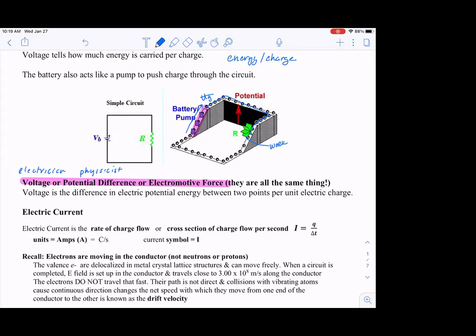And if you talk to an engineer, they're going to say electromotive force. But they all mean the same thing. Again, it's electric potential energy, and it's energy that is carried by the charges that are flowing around the circuit.